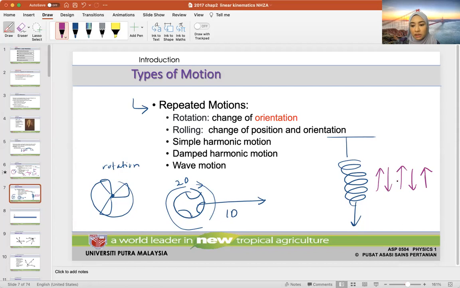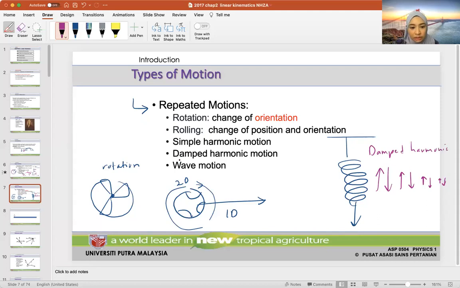So what happens in the real world is that the up and down becomes less and less. So it becomes smaller and then smaller and then smaller sampai it comes to a complete stop. So this is called damped harmonic motion, which happens in our world.